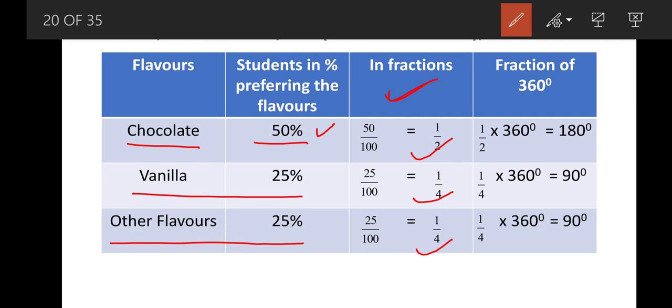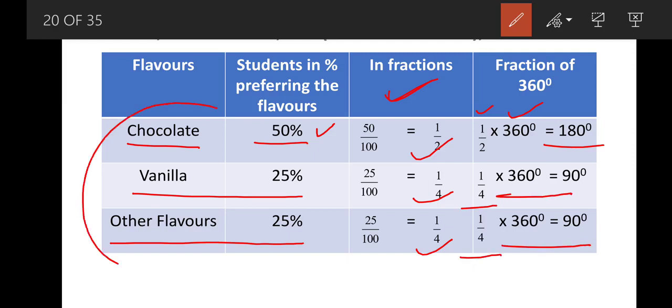As I told you, the total angle at the center of a circle is 360 degrees, and we need to find the central angle which will be a fraction of 360 degrees. So 1 over 2 into 360 degrees, you will get 180 degrees. 1 over 4 into 360 degrees will be 90 degrees, and again 1 over 4 into 360 degrees will be 90 degrees. So this was the data given to us.